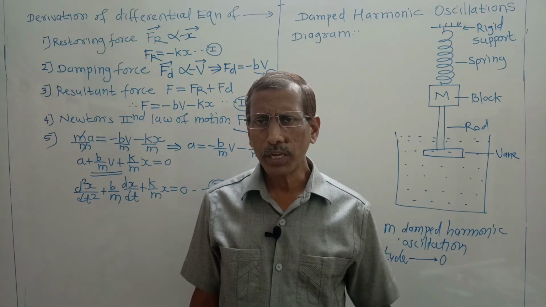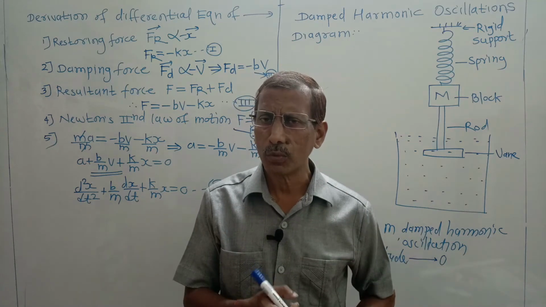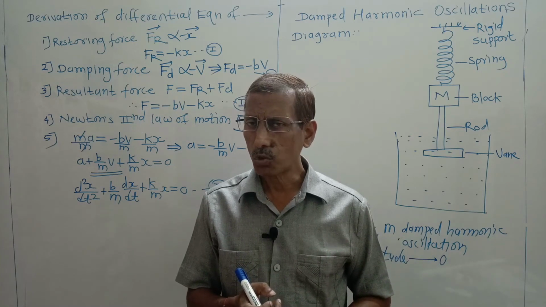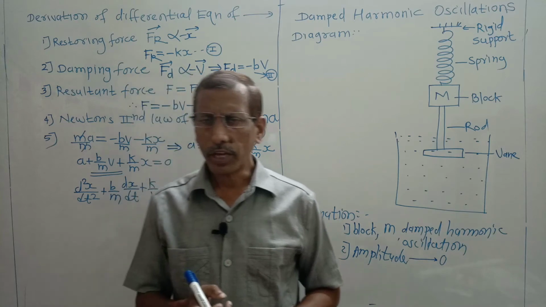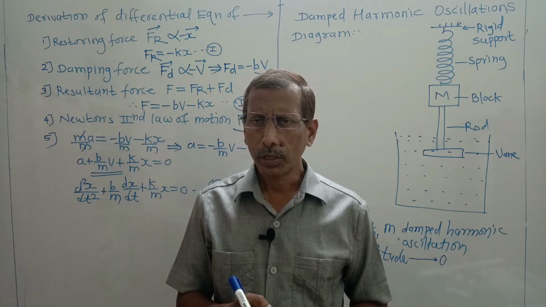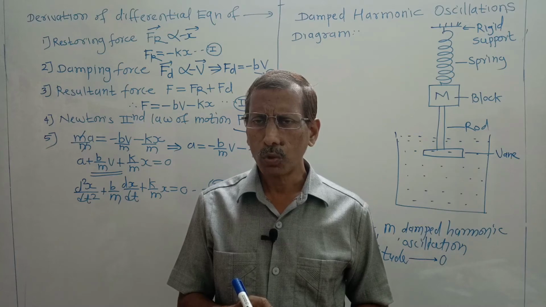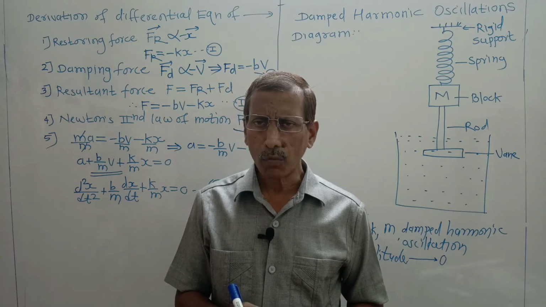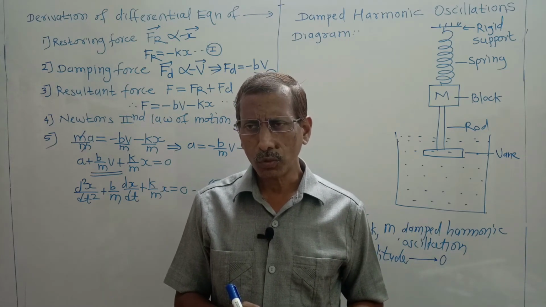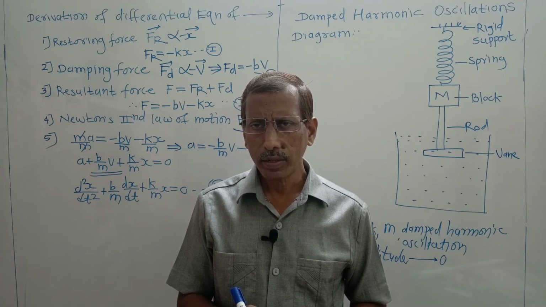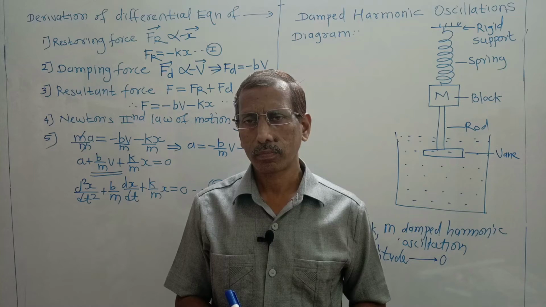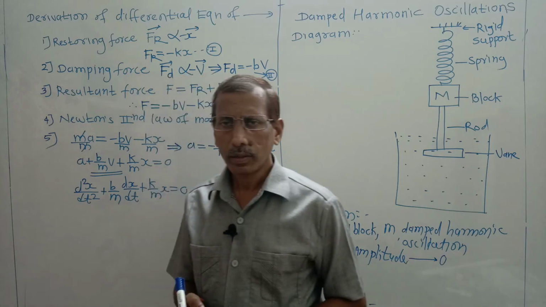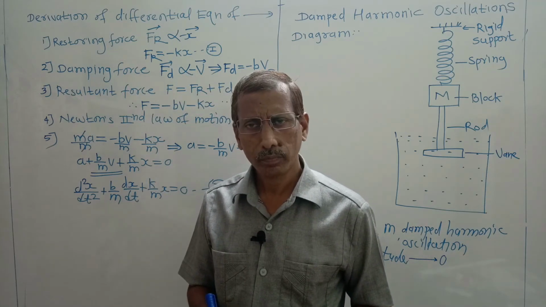In case of free harmonic oscillations, we obtain the differential equation, from that we find acceleration equals minus omega square x. Then from that we obtain velocity is equal to plus minus omega into square root of a square minus x square, and from that we obtain x is equal to a sin of omega t plus alpha, which represents the general expression for displacement in free harmonic oscillations.